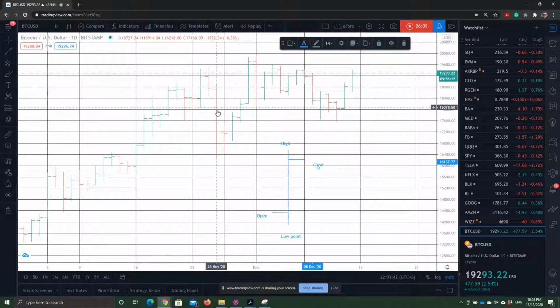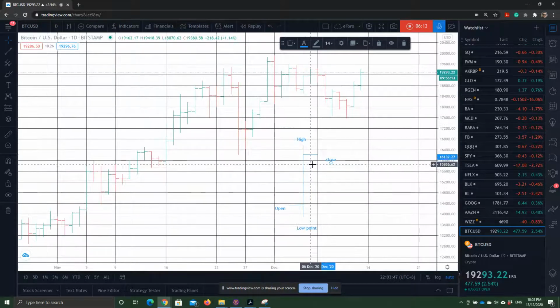So the price dropped during that period. The bars may increase or decrease in size from one bar to the other. You can see we have big bars and smaller bars.